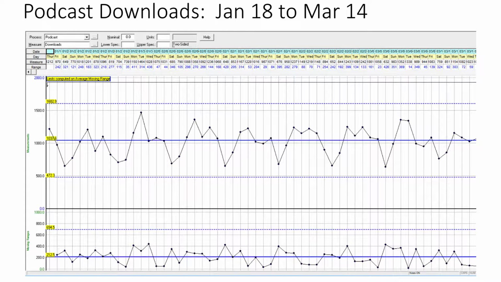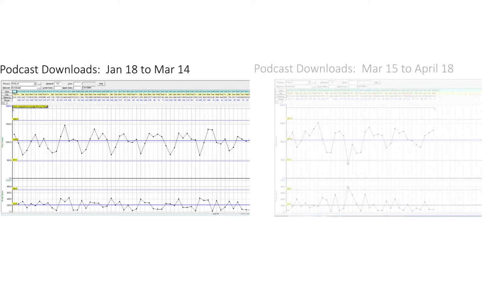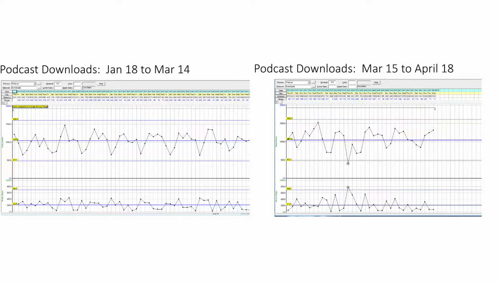And these downloads vary from somewhere in the neighborhood of 500, 600, 700, something like that, up to in the thousands, 1,400 or so. And when we look at the data over time, the first chart goes 2 months just about, and then follows on the next chart that's kind of long, given that we're every day of the week.